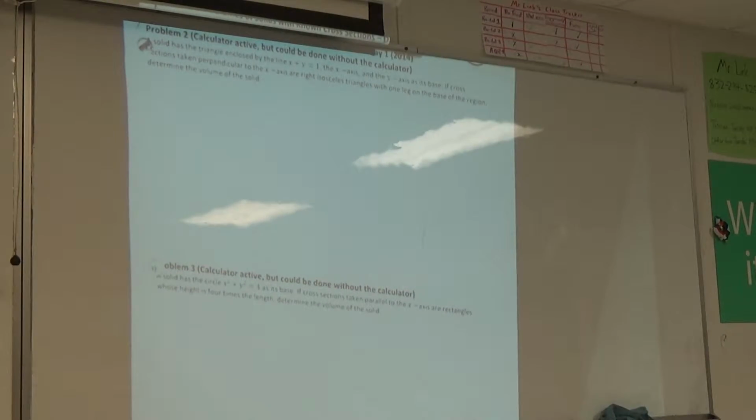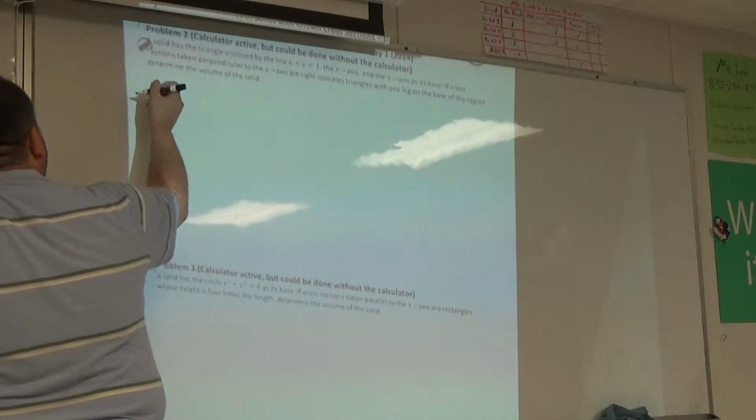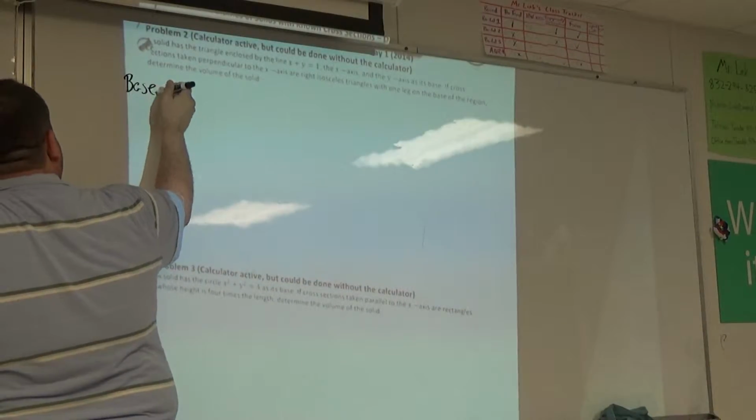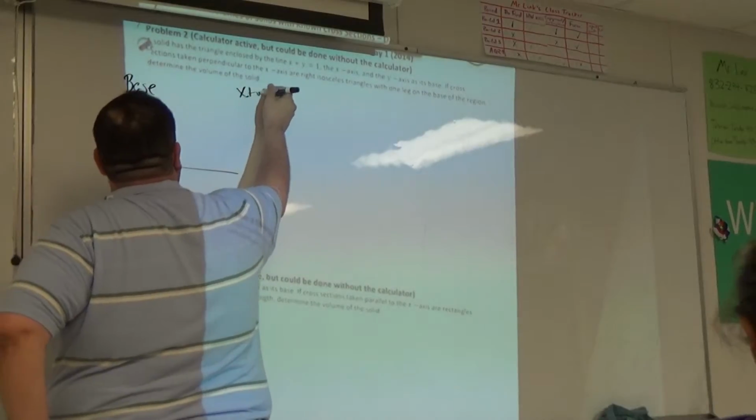So the x-axis, so it's like the slices are going this way. Hey, this is the congruence of the legs.